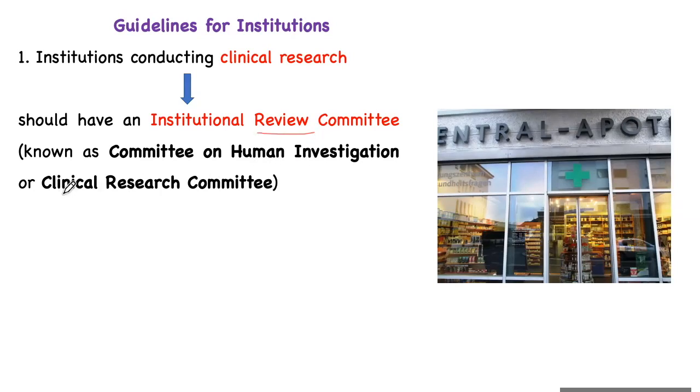It is also called the clinical research committee, because whatever research you are conducting on human beings is called clinical research, and this research is reviewed by this committee. So there are three names: institutional review committee, committee on human investigation, and third, clinical research committee. Every institution conducting clinical research must have this particular committee with a proper number of approved members on the board.